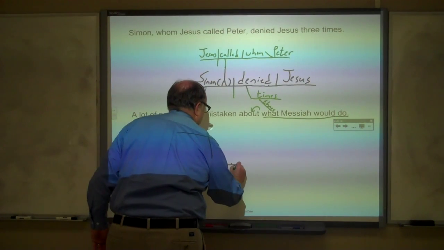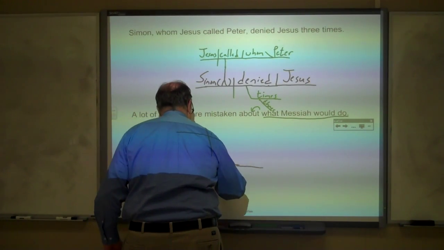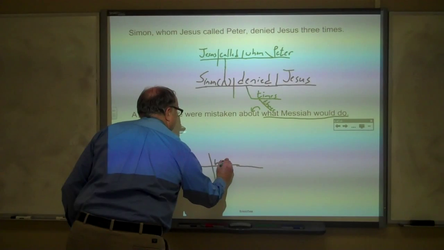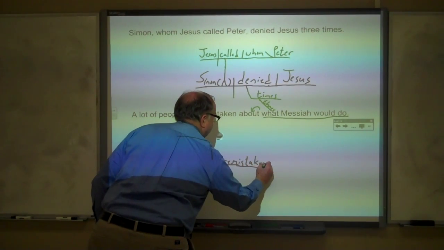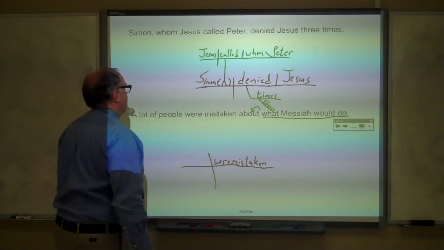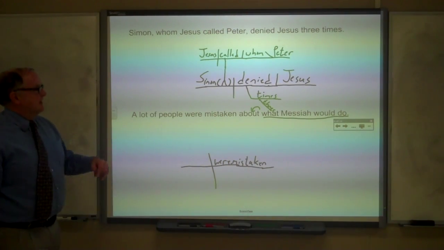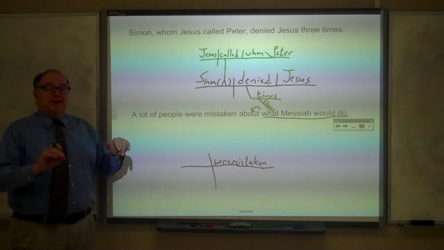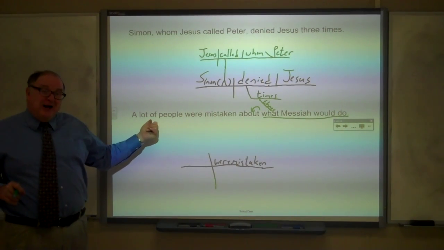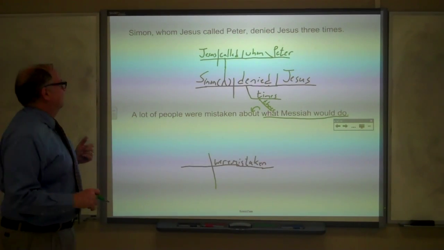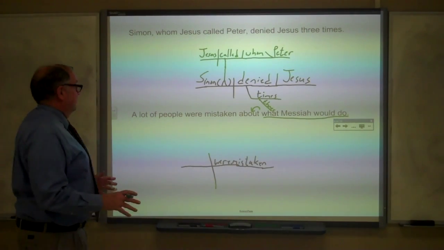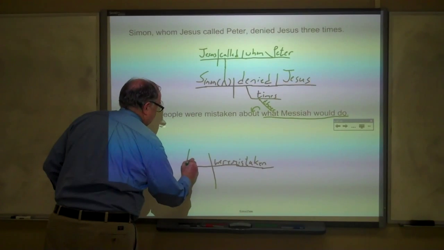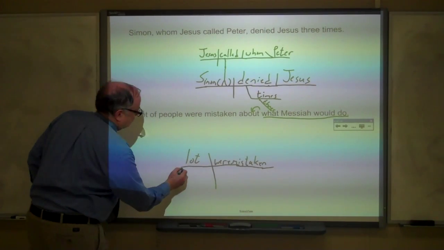The verb is were mistaken. The subject is, and remember this one's a little tricky, but watch out for those ofs. When you see of in the subject, you know that what follows it is not the subject, but the object of the preposition. So the subject is actually lot.